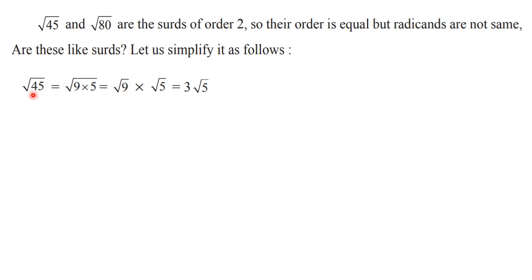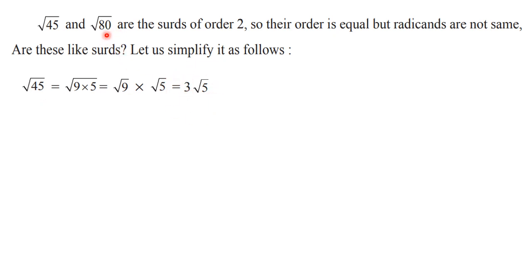This root 45 I can write as root of 9 into 5. 9 is a perfect square. Then we can split it as root 9 into root 5, and root 9 means 3 and root 5 as it is. So root 45 is expressed as 3 root 5 in the simplest form.